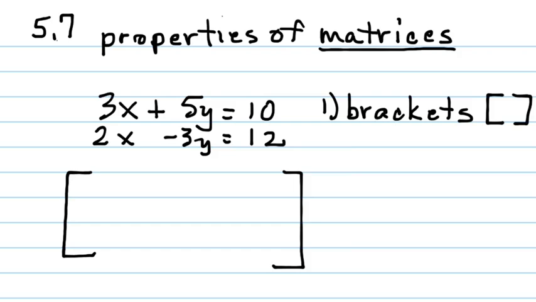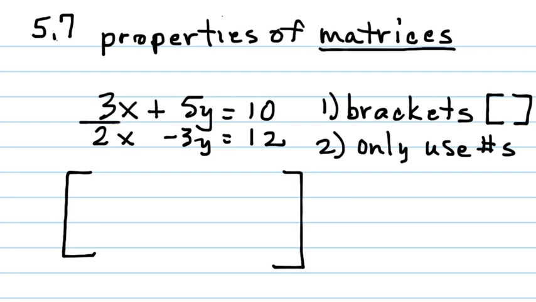And then all we're going to do is only use the numbers. Now, I say the numbers, but if you drop a sign, then you're in big trouble. So remember, the sign is a part of a number.